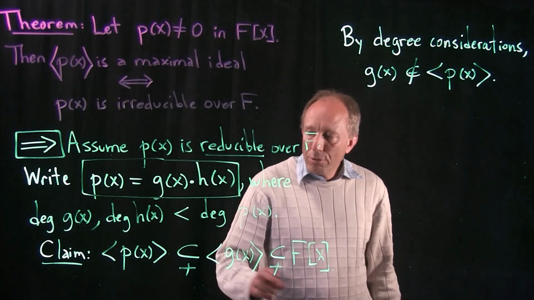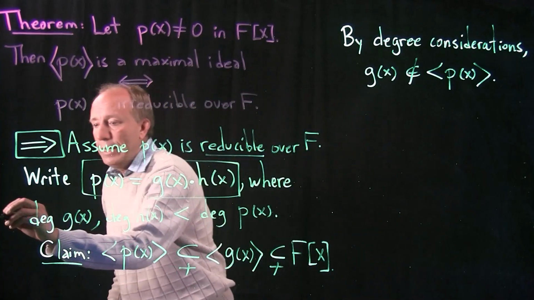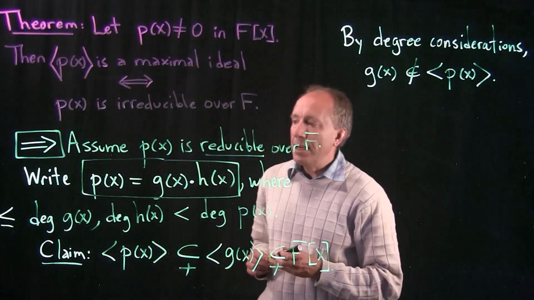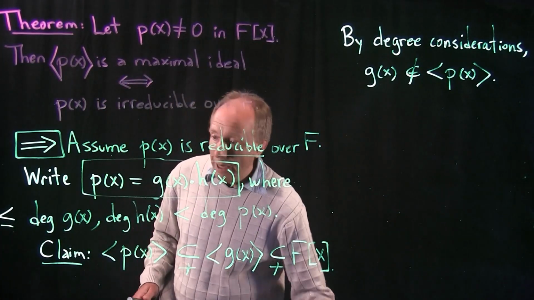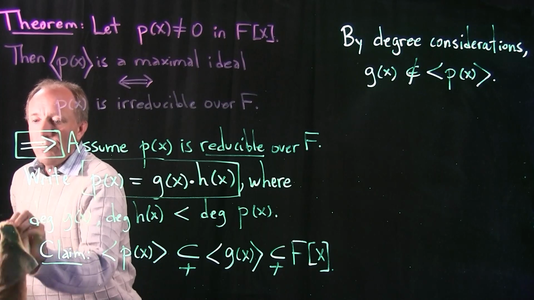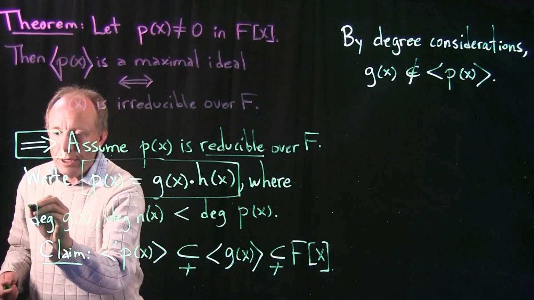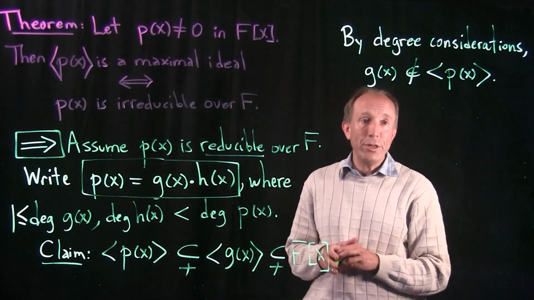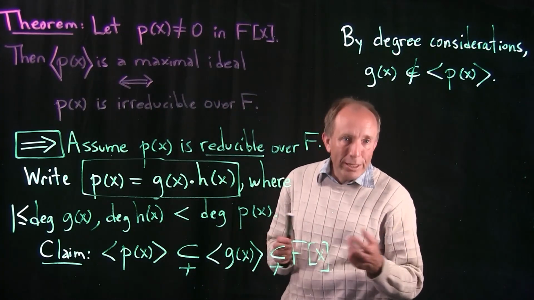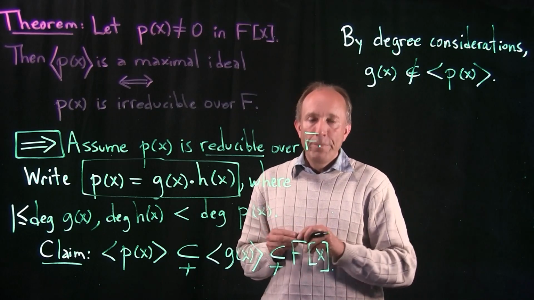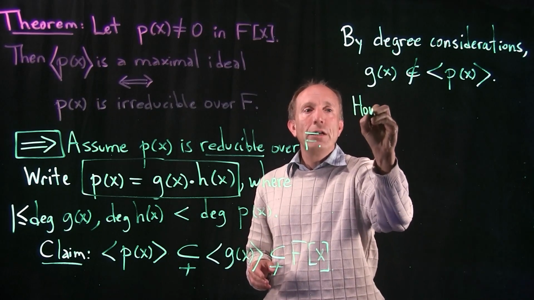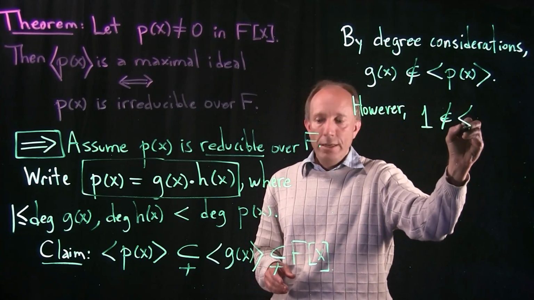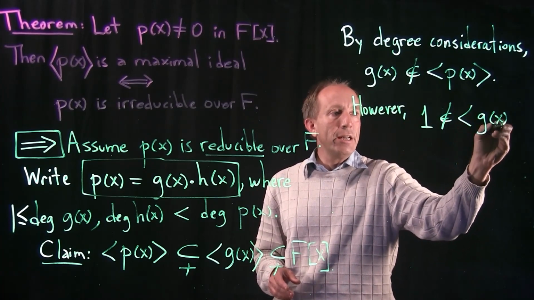In fact, the degree of g of x and of h of x has to be at least 1. Because otherwise we have a trivial factorization here. So I'm just simply going to note that 1 is not in the principal ideal generated by g of x.